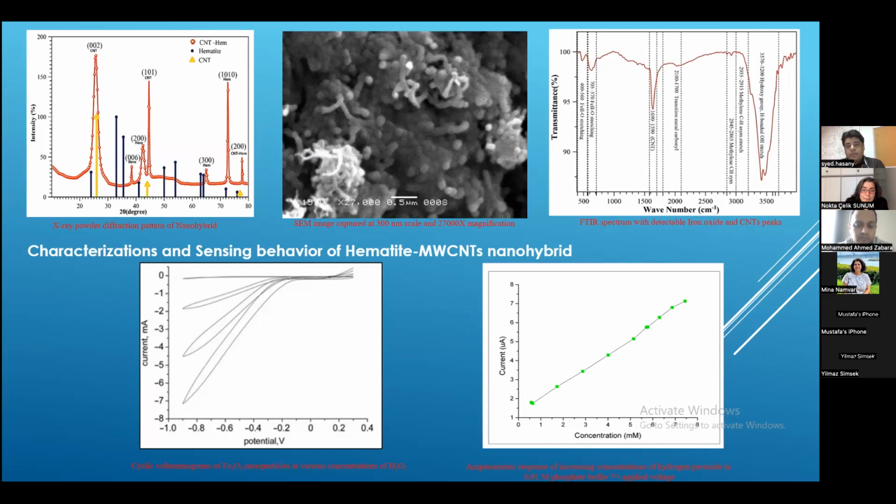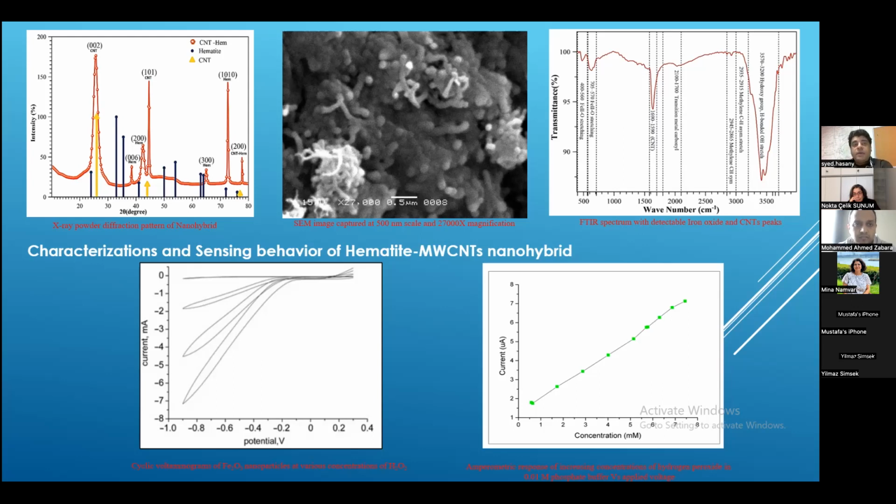We can see here that the reduction is situated at minus 0.25 volt. This is still in process. I just showed a few of these results to show you that we are working on this as well. Okay, so these reduction peaks are at different concentrations or different sweep rates?